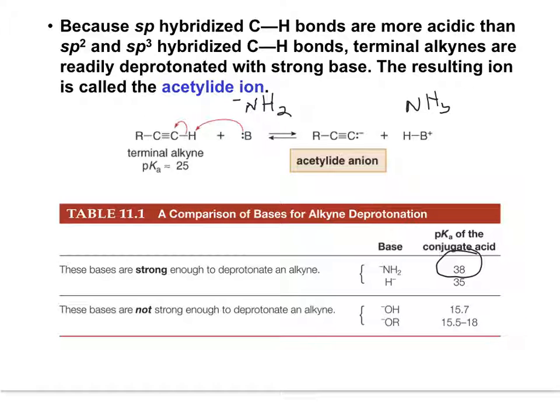So this makes NH3 a weaker acid than the terminal alkyne, and the equilibrium will be product favored, meaning that NaNH2 is a strong enough base to give us the acetylide ion.